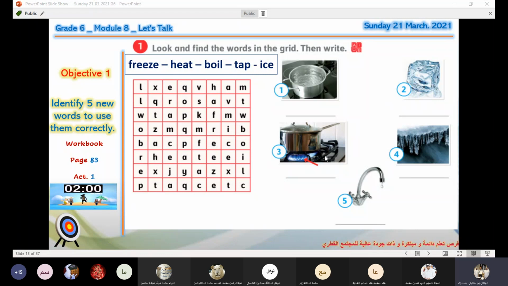Thank you. Muhammad Abdulaziz has answered. Thank you so much. Write the word under each picture. I'll give you 2 minutes to do this.